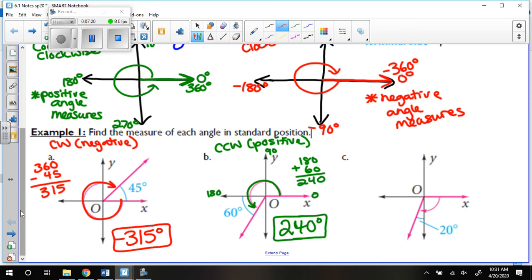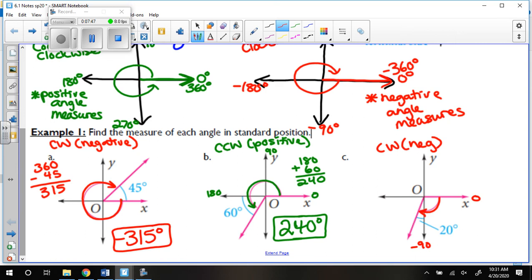Okay, and part C, notice our angle is going down and around. So since it's going down, that's clockwise, which is negative. Okay, we have 0 here, and down at the bottom would be our negative 90. Well, this is saying that you are going 20 degrees past your negative 90.